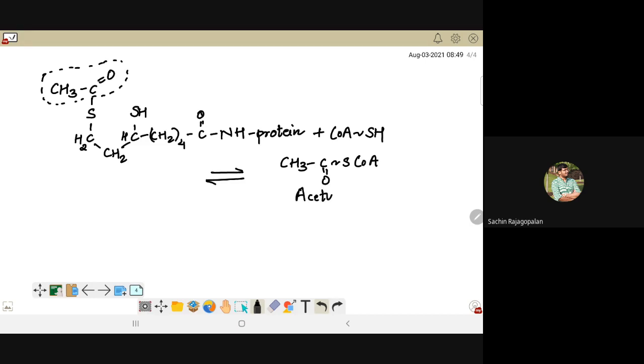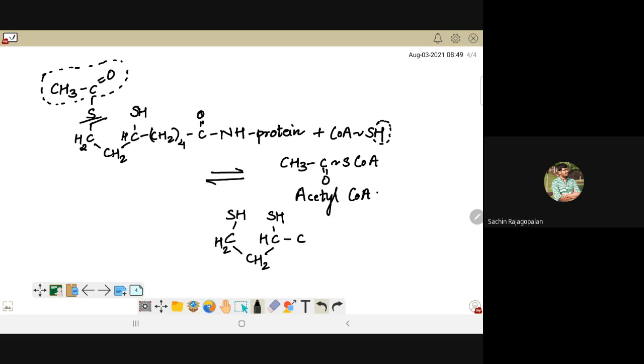So this is your acetyl CoA, and the hydrogen which was there in your CoA-SH will be given to this particular sulfur, such that now you have your lipoic acid but in its reduced form.